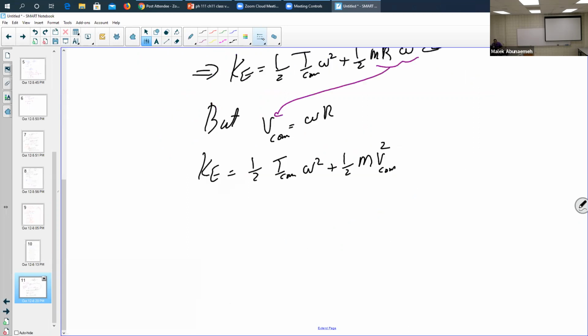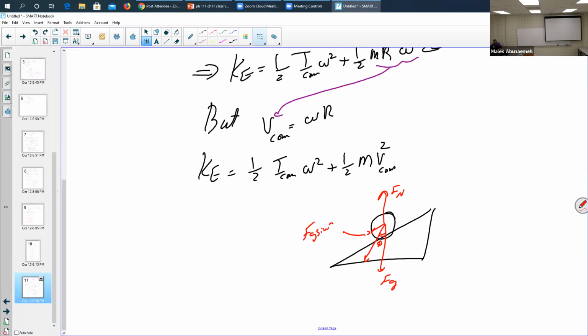Let's say you're rolling down a hill, right? So let's say this is your ball, rolling down this way. You're going to have an FG going down, your gravitational force. You got your normal force going up there. And if this is your theta, and you're going this way, that's going to be your FG sine theta.